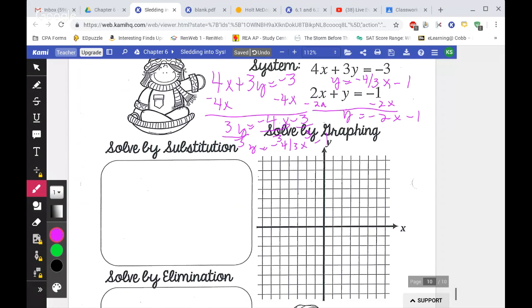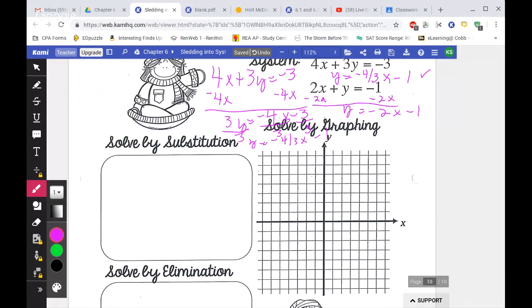Okay, so the first thing I'm going to do is plot my y-intercept, which is negative 1. And then I have a slope of negative 4 over 3. Or I can do positive 4 over negative 3.